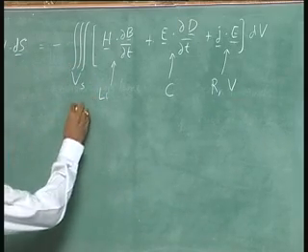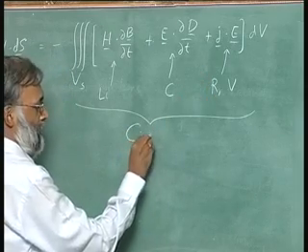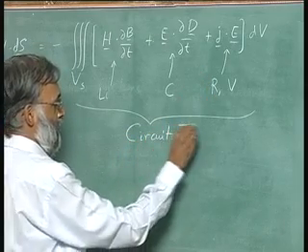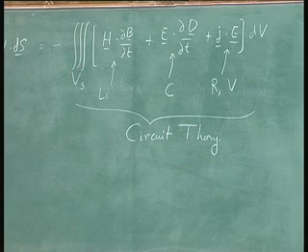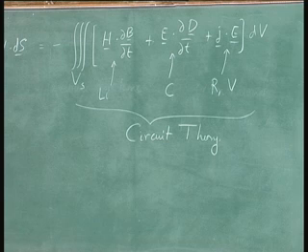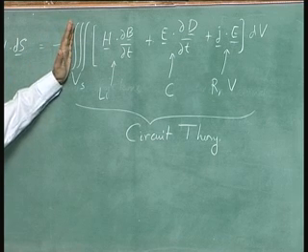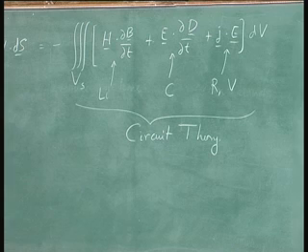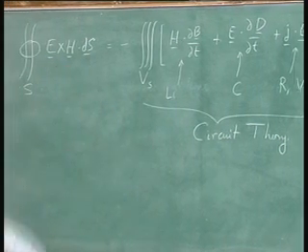So, the entire right hand side of this equation is circuit theory. And what this equation is saying is, when circuit theory fails, the failure is represented by this surface integral of a quantity E cross H dot ds.